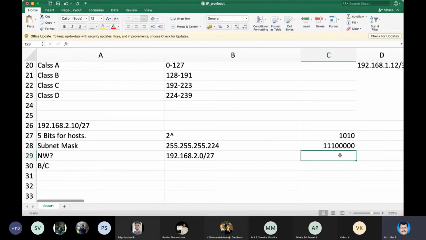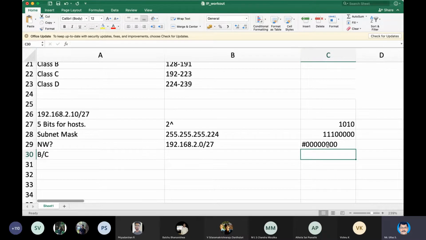When you perform AND operation for this, all 8 bits will become 0. I'll put a hash symbol here in order not to change it into a number.